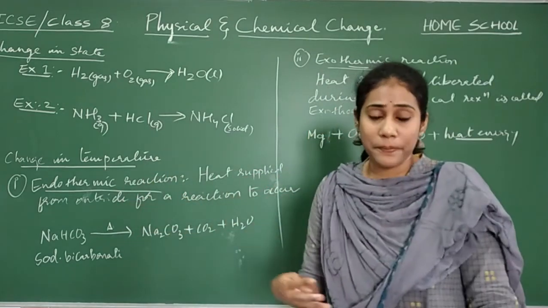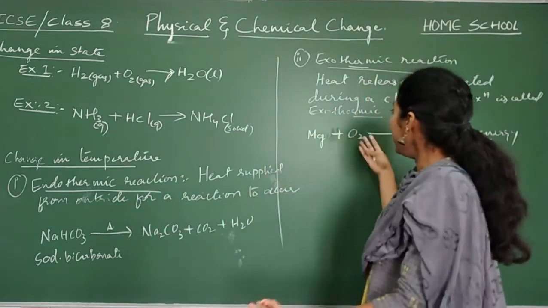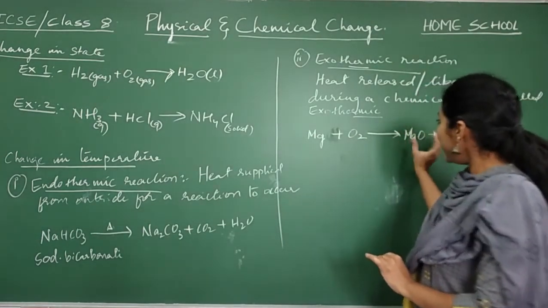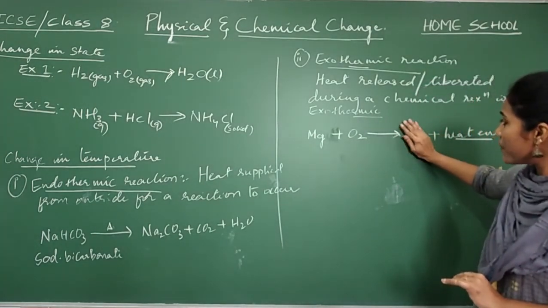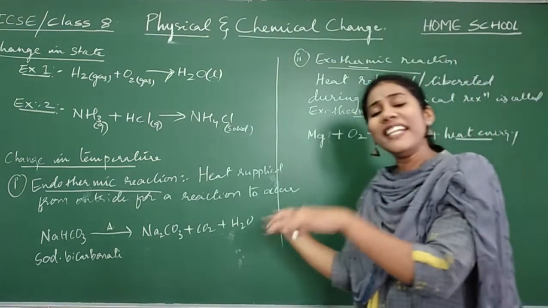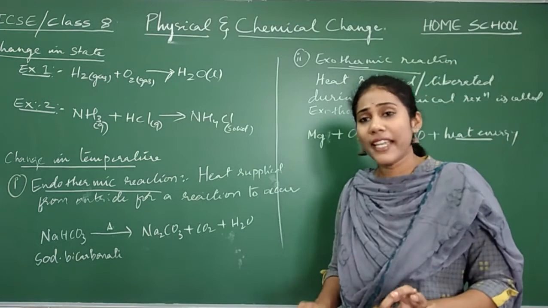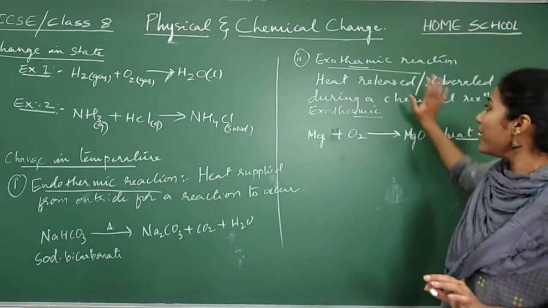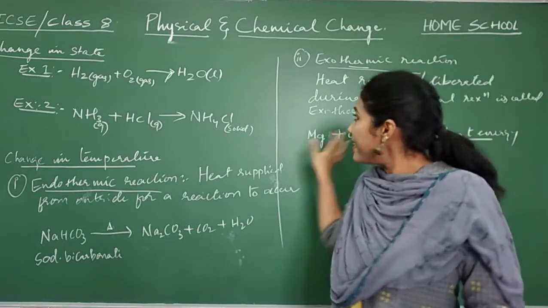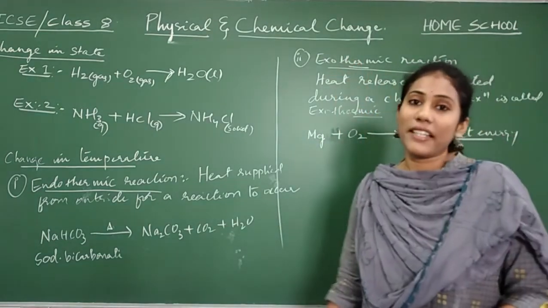You can sense it. When Mg is combining with oxygen, automatically, along with the product, you will observe a lot of heat liberated outside. Such a reaction where heat is released during a chemical reaction is called an exothermic reaction.